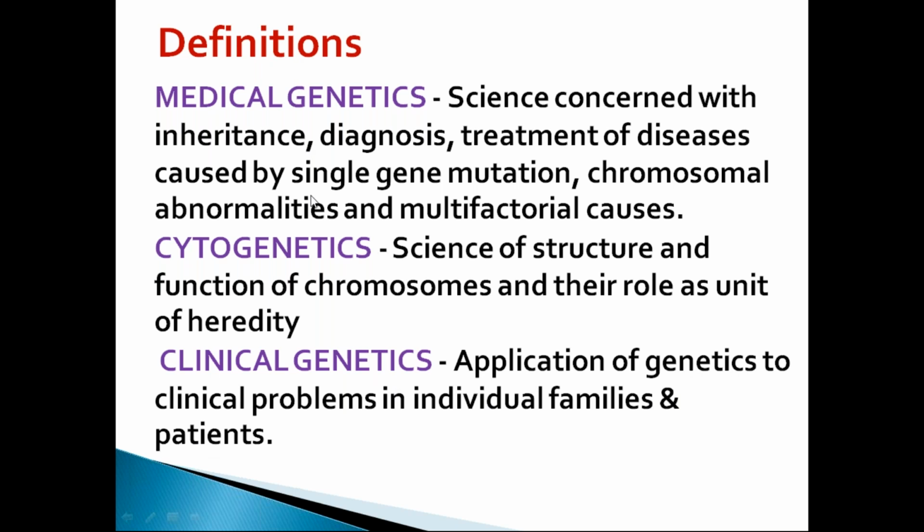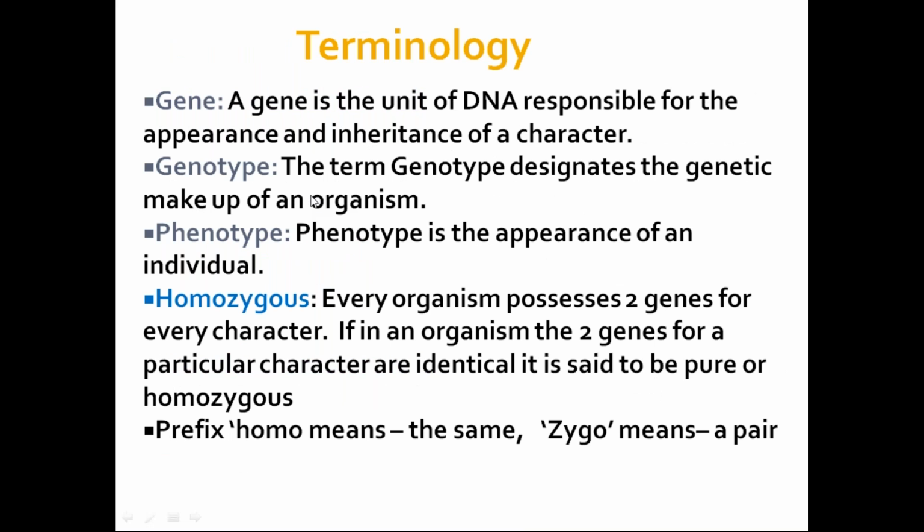These are definitions. Next, what is a gene? A gene is a unit of DNA. It is responsible for the appearance and inheritance of the characters of that person, any human being or whatever it is. Next, genotype. The term genotype designates the genetic makeup of an organism.